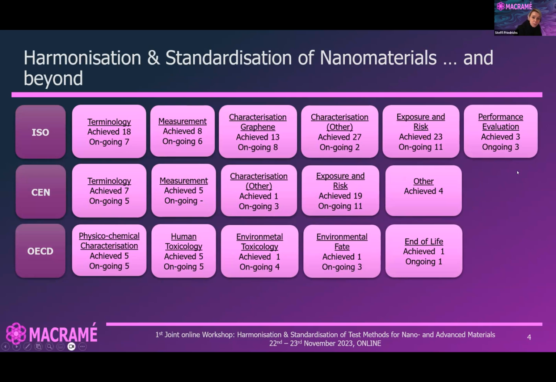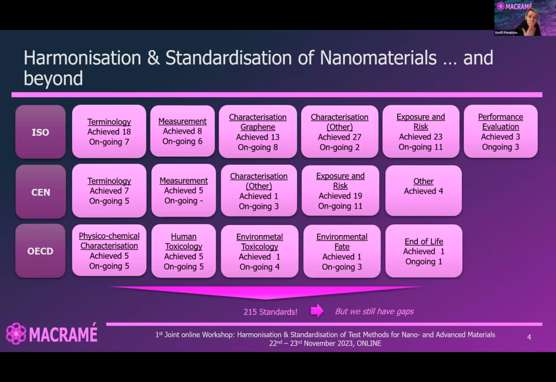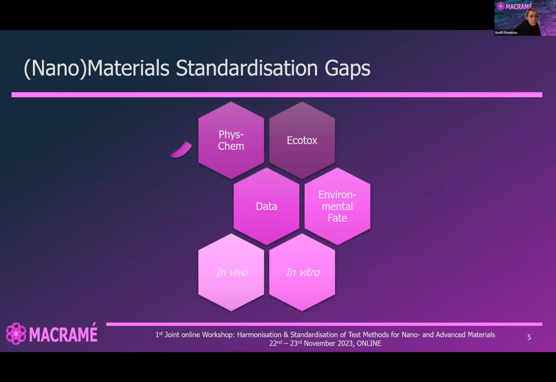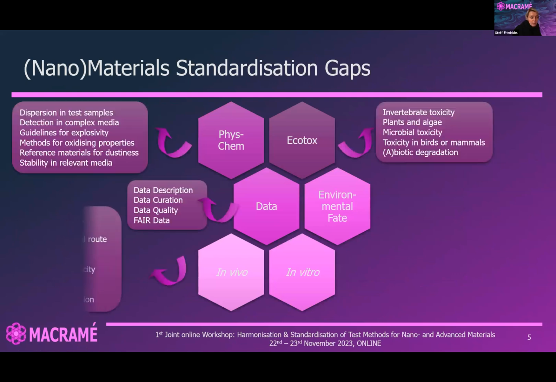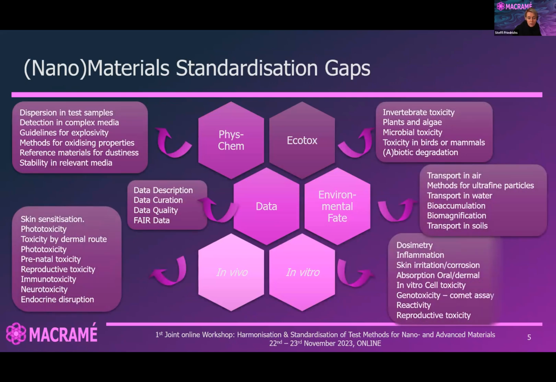As the nanomaterials, in brackets, safety community, we have developed a number of things on ISO, CEN, and OECD level, but we are looking forward to now including graphene and many more materials, because there is a lot more to be done, because there are a lot of gaps that we have identified. We have some of those already, and you can check them all in the slideshow that will be made available this evening to you. So have a look at what you're finding there.